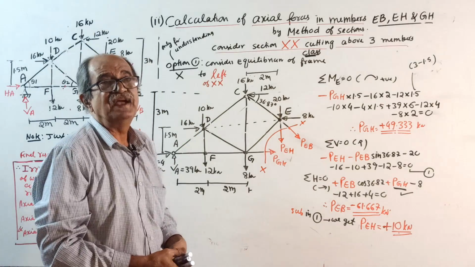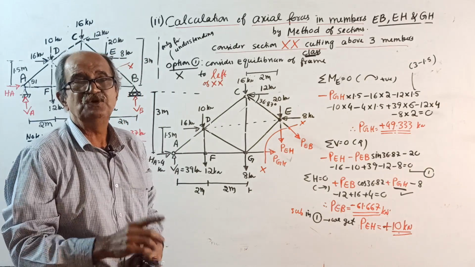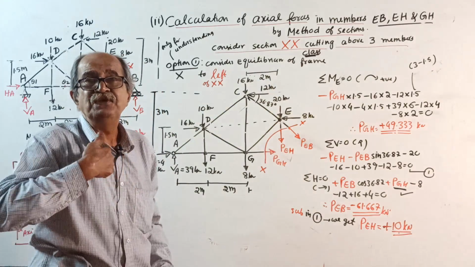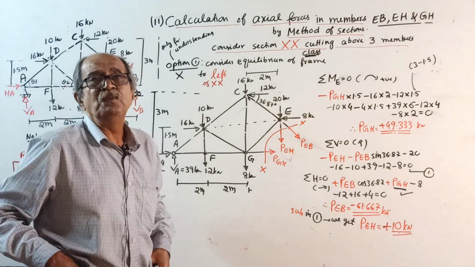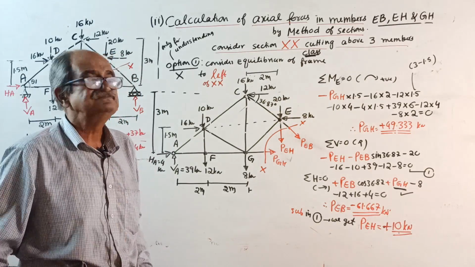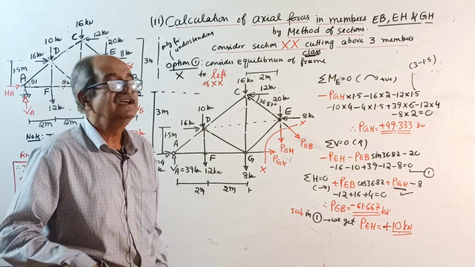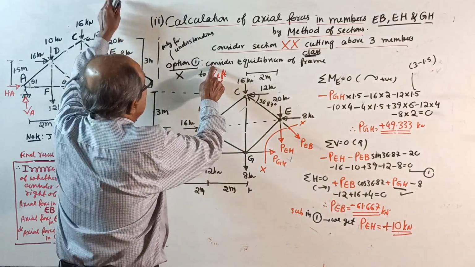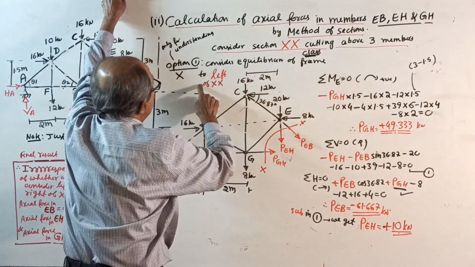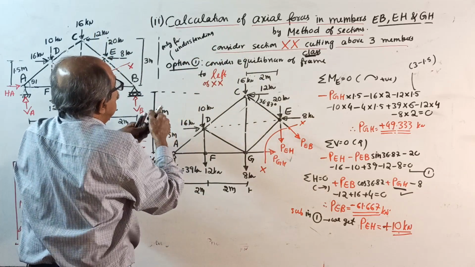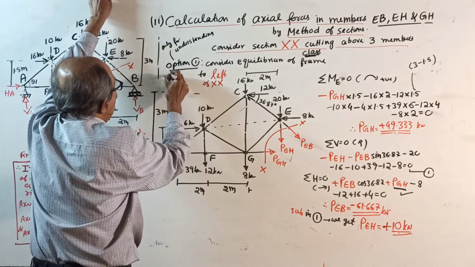I will look at the right side and solve the question. But he wants to give me perfection. Okay, as a challenge, look at the left side. So consider equilibrium of frame to left of XX. Only for understanding.